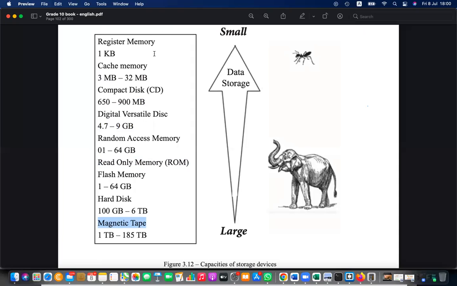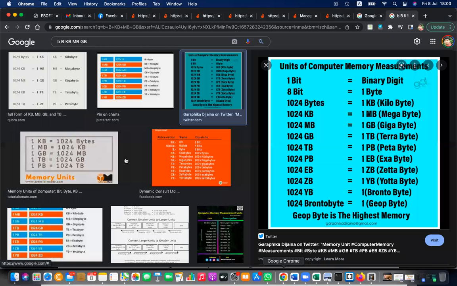There are more points to write. I gave this pyramid, which is actually the storage pyramid. Let's take a screenshot of the storage pyramid.